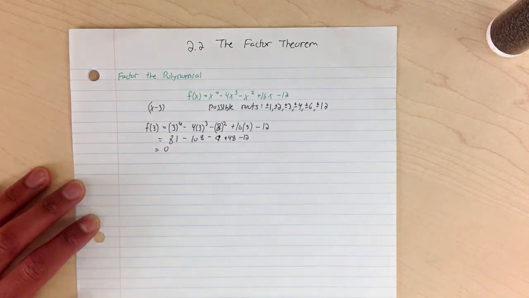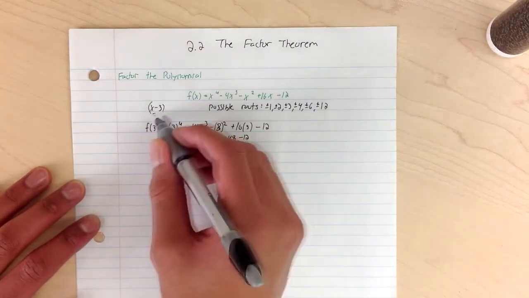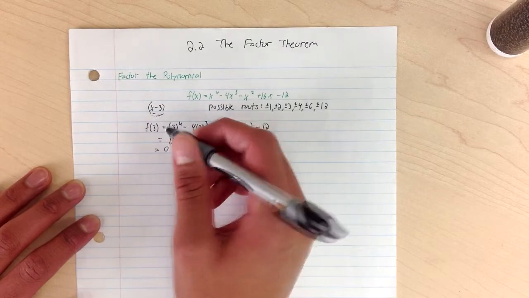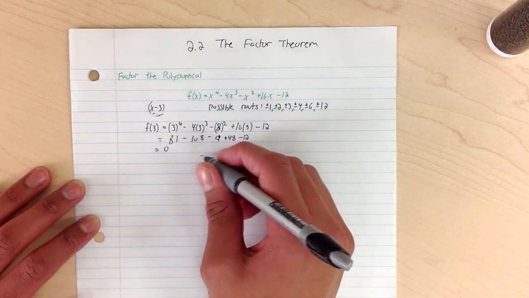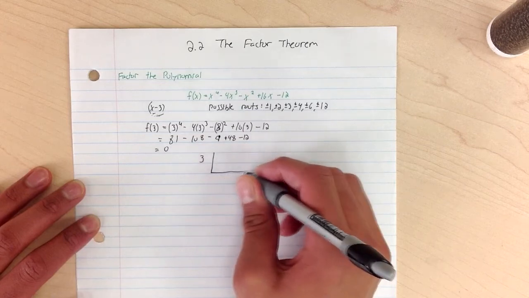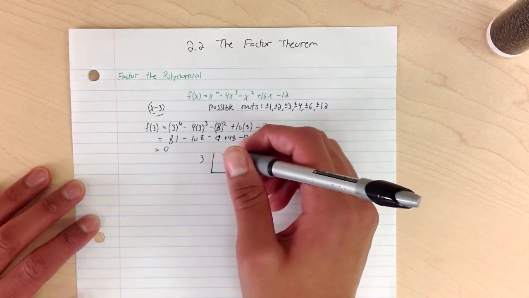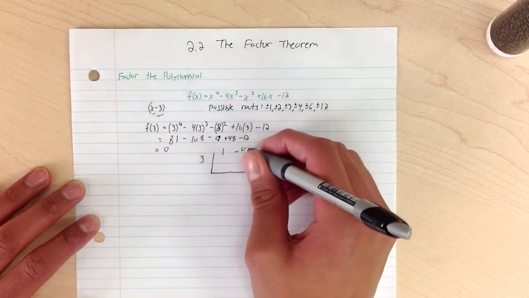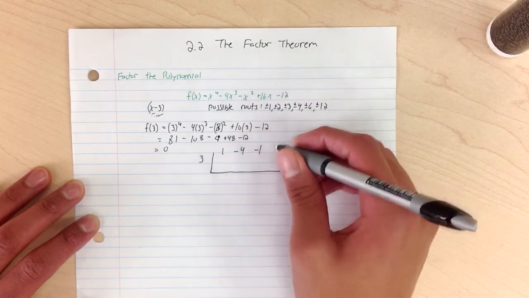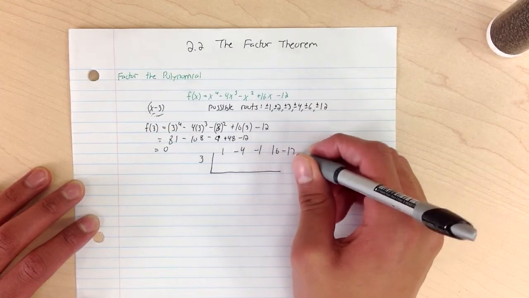So now that we know for sure that x minus 3 is one factor, we can use division to find the other three factors. I'll be using synthetic division in this example. So just set it up. So we have 1, negative 4, negative 1, 16, and negative 12.